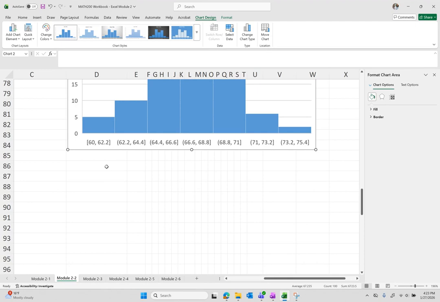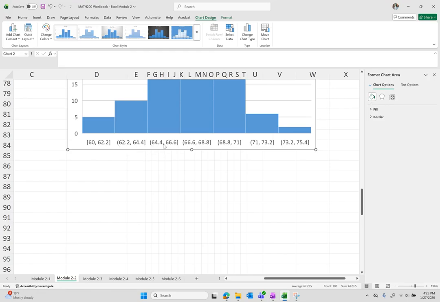In interval notation, a square bracket denotes that the data value is equal to that value, and a parenthesis denotes that it is not equal to that value. So for example, from 62.2 to 64.4, we can equal 64.4 because there is a square bracket here, but we cannot equal 62.2.